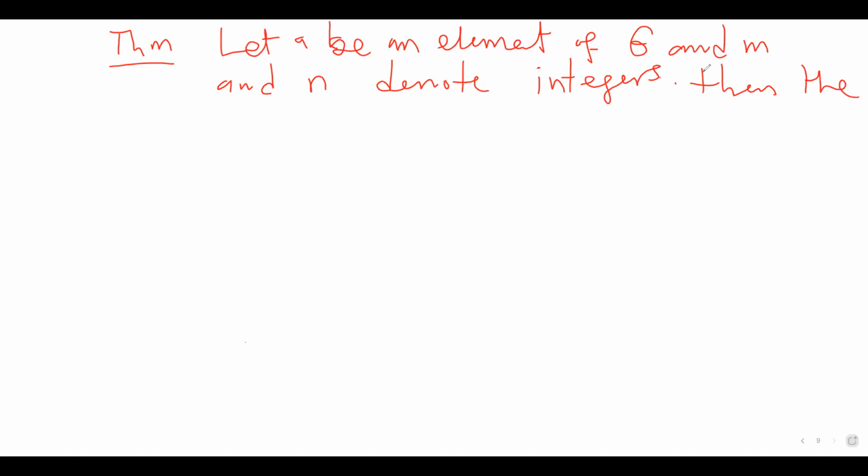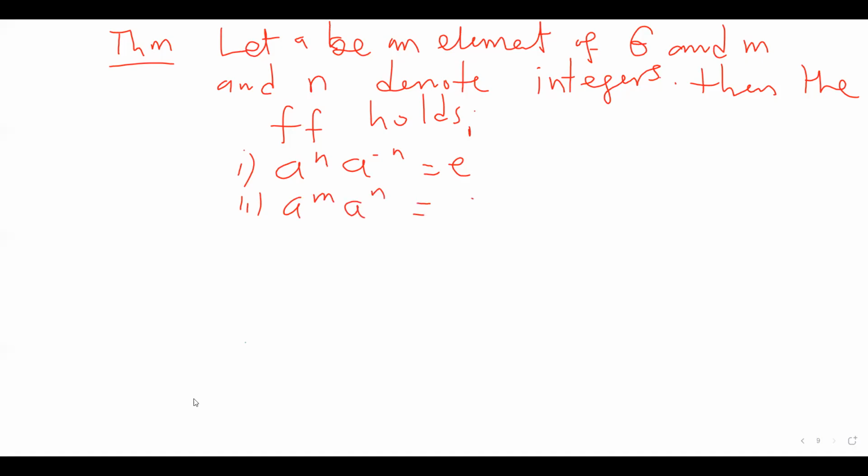One, a to the power n times a to the power minus n is equal to e. Two, a to the power m times a to the power n is nothing but a to the power m plus n. Three, a to the power m all to the power n is nothing but a to the power mn.